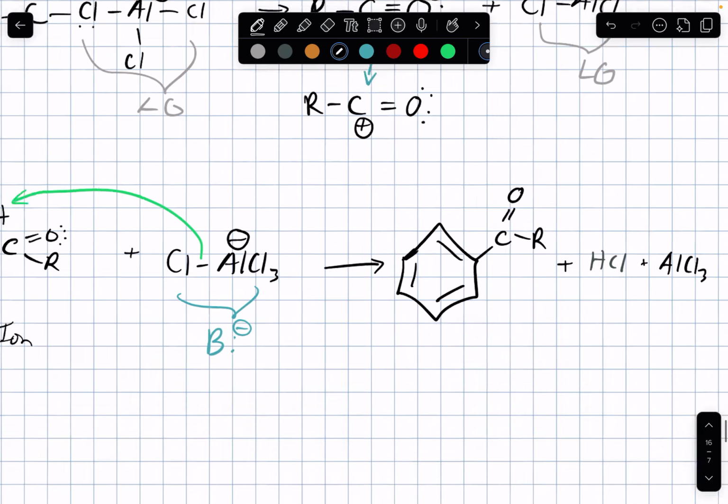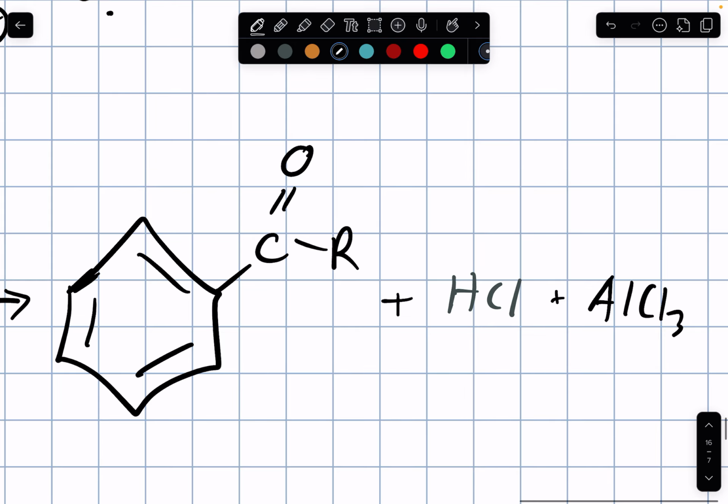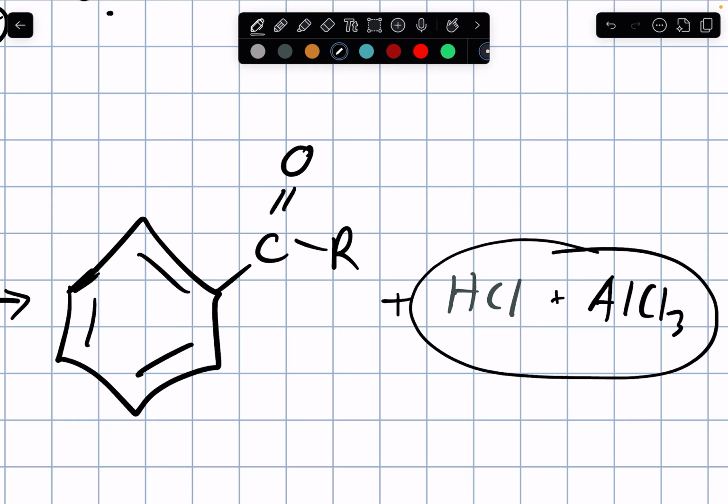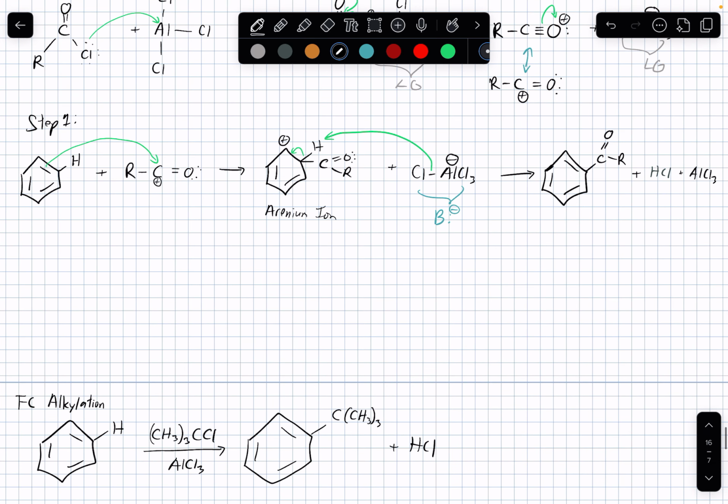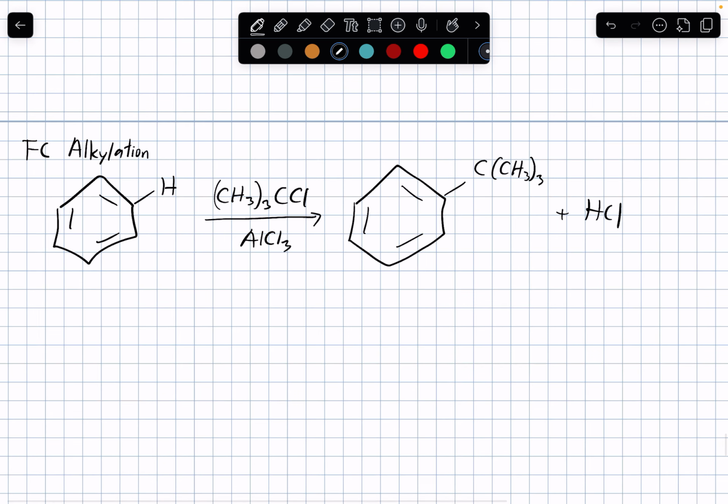Just a heads up, Friedel-Crafts acylation is similar to Friedel-Crafts alkylation in the sense that we also have these as products. But our focus is this one. When we predict, we only write this. So for the mechanism, generally, AlCl3 pulls off a chloride or bromide anion in order to form a carbocation.